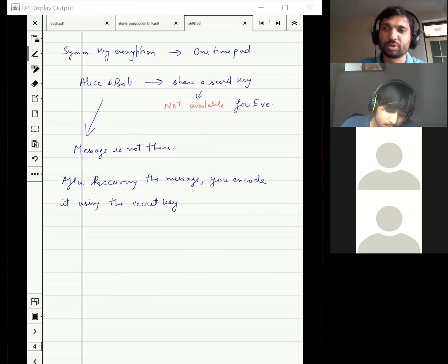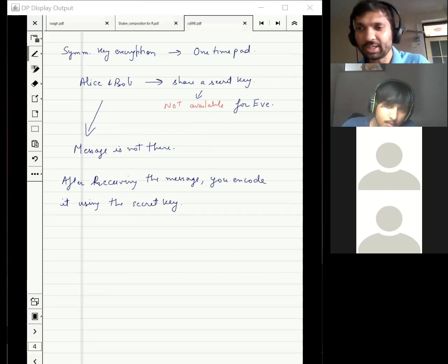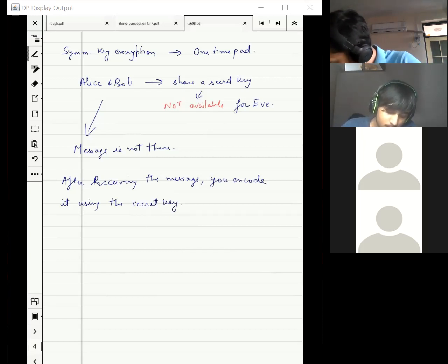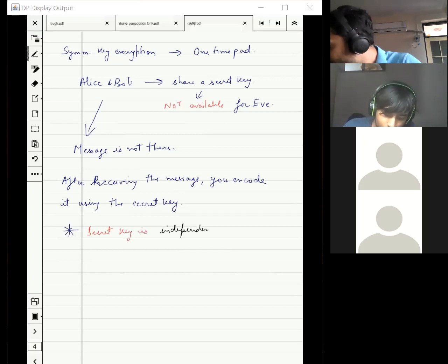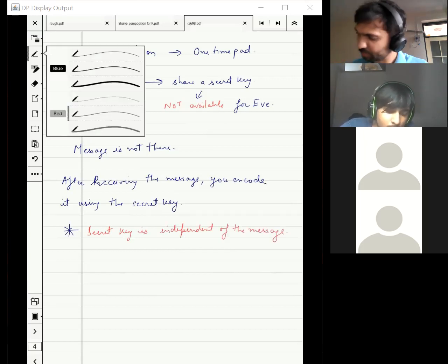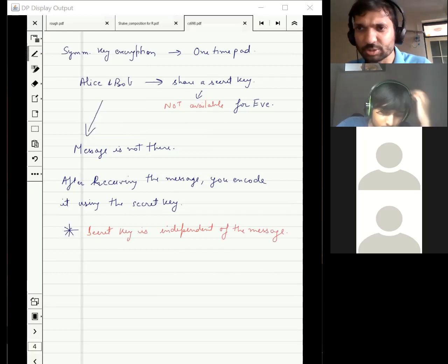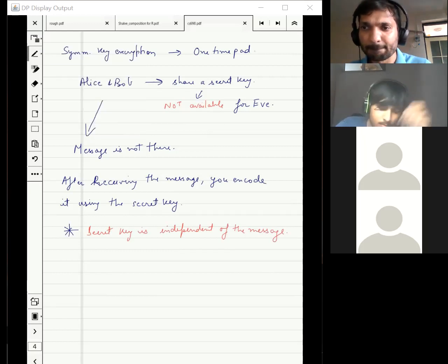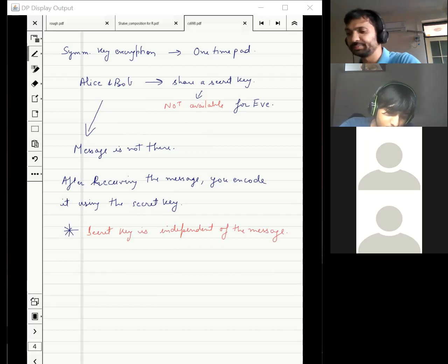It's not like, oh, you should have just shared the message when you met. So what is the important thing? The important thing is the secret key is independent of the message. Okay, so this point is clear. Okay, great.